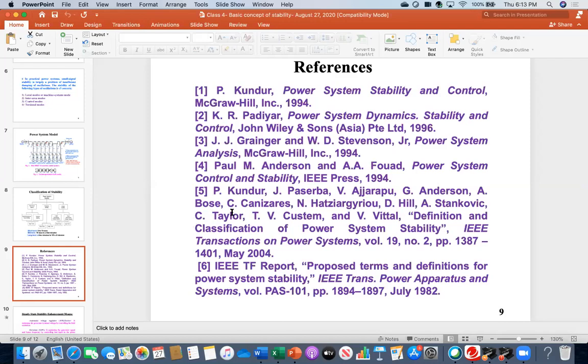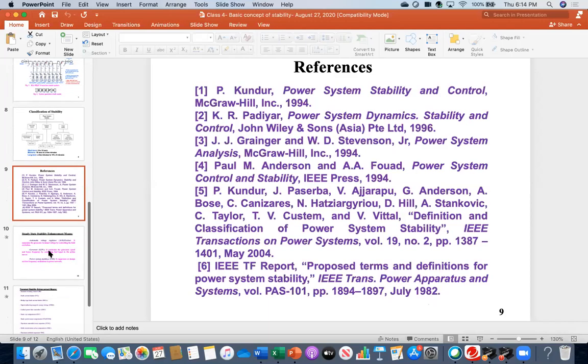All are very famous professors, and they published this paper, Definition and Classification of Power System Stability. So you might download this paper, or if you just look at my slides, that will be fine. And then there was another report, quite old but very, very famous, from July 19, to propose terms and definitions for power system stability.